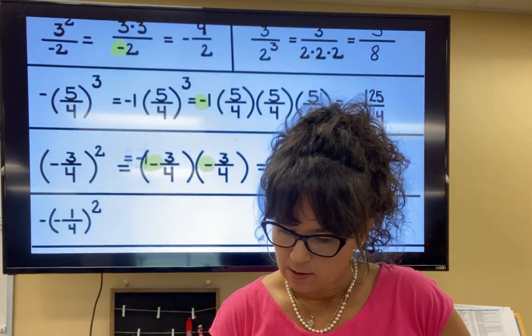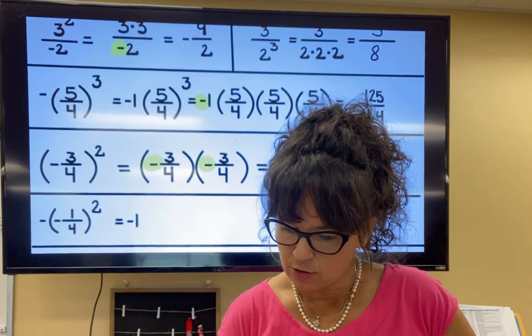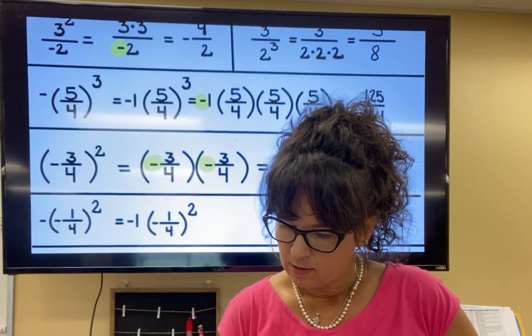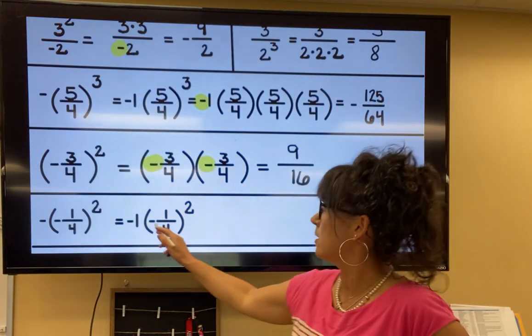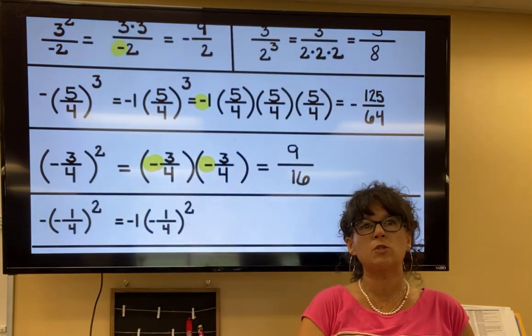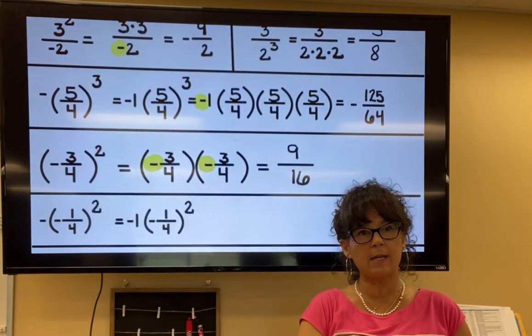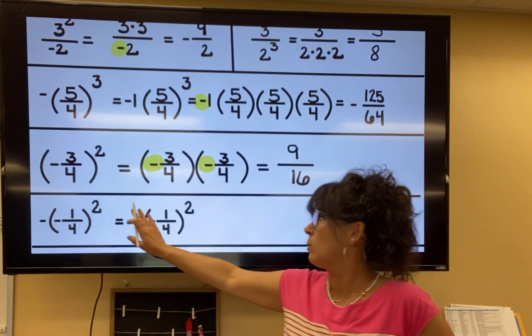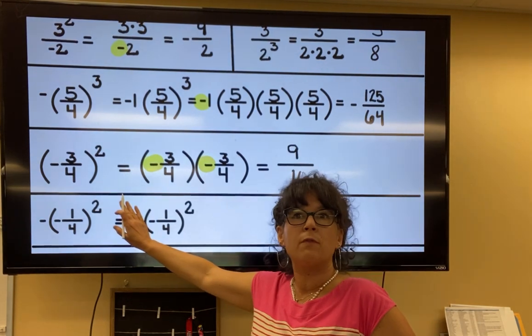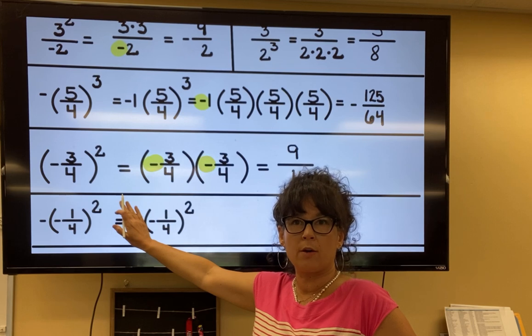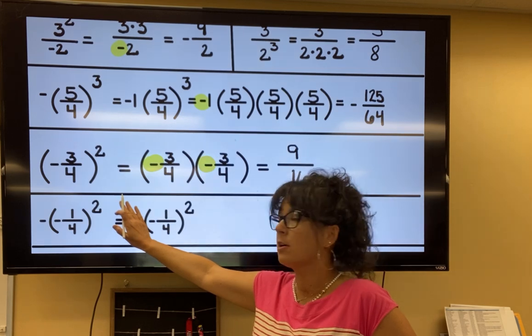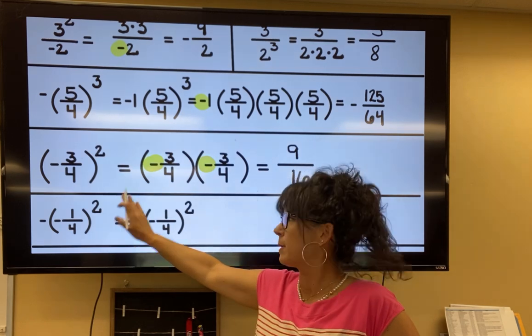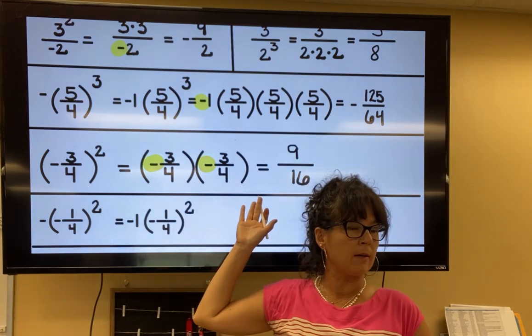Duplicate. And then I'm going to put next to that this. Remember, in order of operations, we do exponents before multiplication. So we would want to find the answer to -1/4 times -1/4, get an answer, and then we'd be ready to do the multiplication times -1.